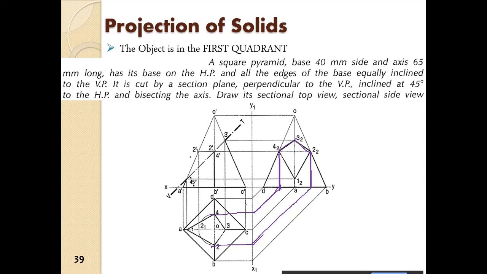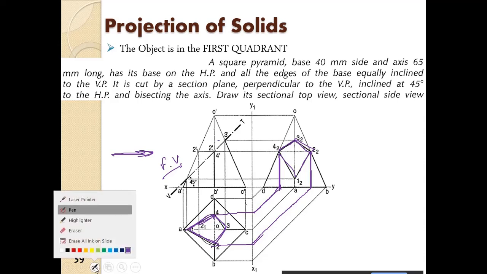So this is the front view, this is the top view, and this is the side view from here. From this side if you see, all right, on from the front. So this is the side view. Okay, so those points you have to keep in mind.